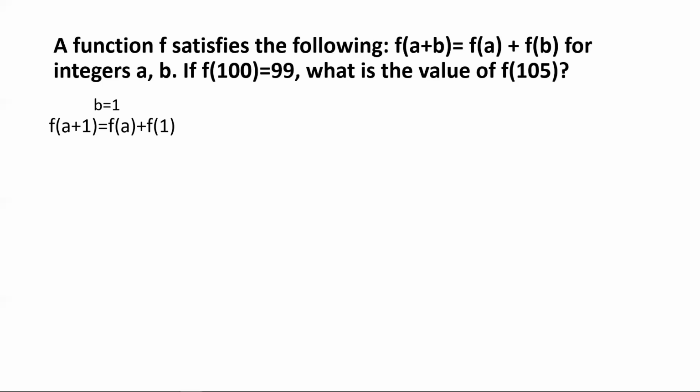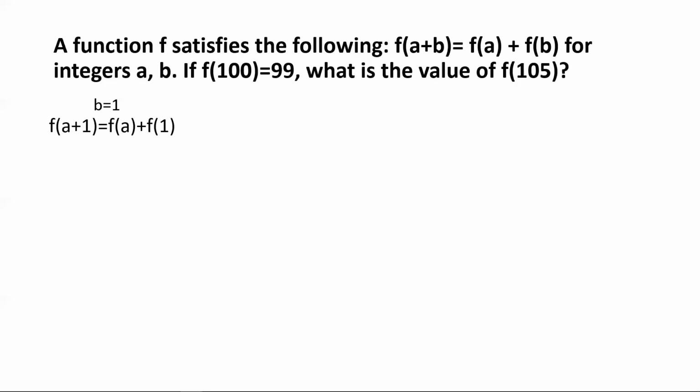And what we see from this relationship is it increments the function value by some constant, and that constant is basically f(1). We don't know what its value is yet, but we know that it's some constant, right?